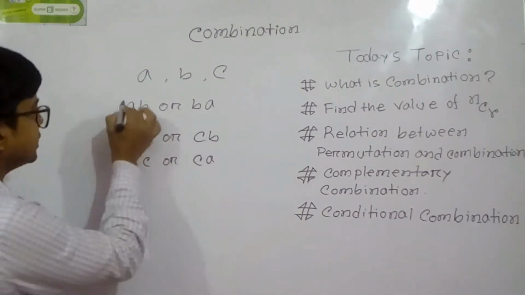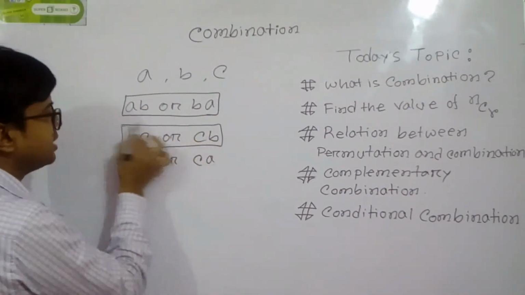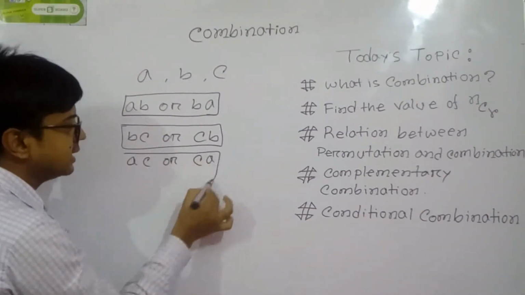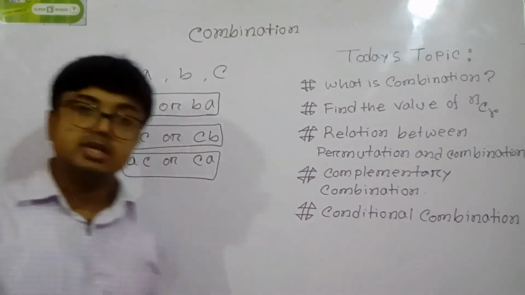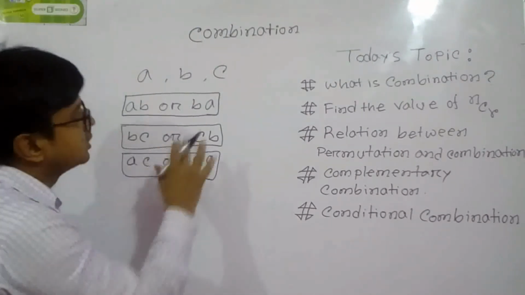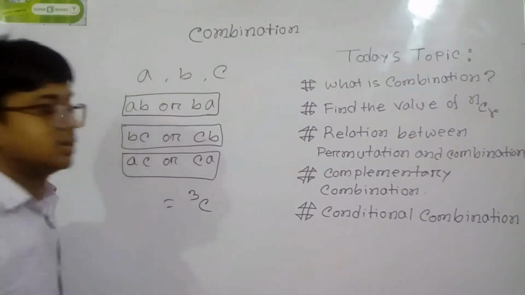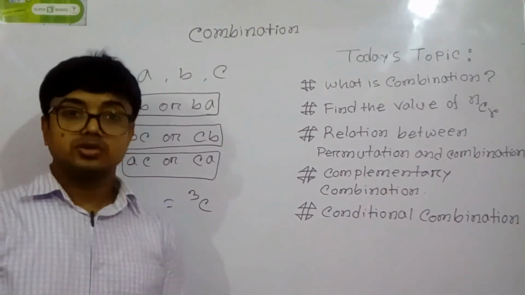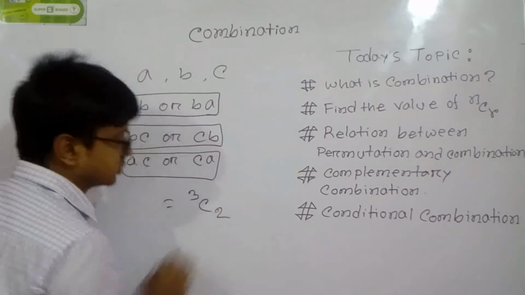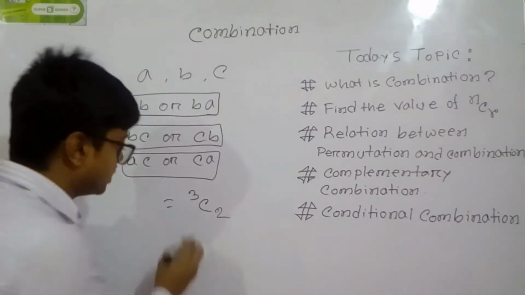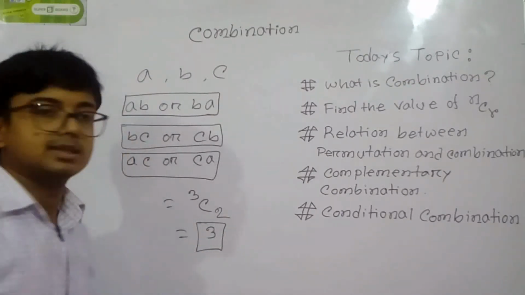That's why AB and BA are the same, BC and CB are the same, and AC and CA are the same. So the number of combinations: total characters 3, taken 2 at a time. After calculation, our answer is 3.